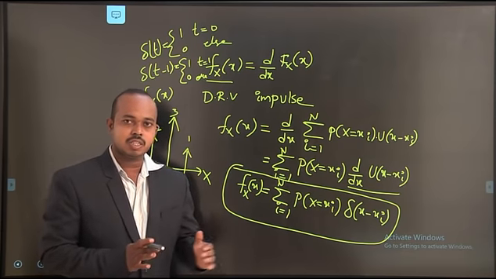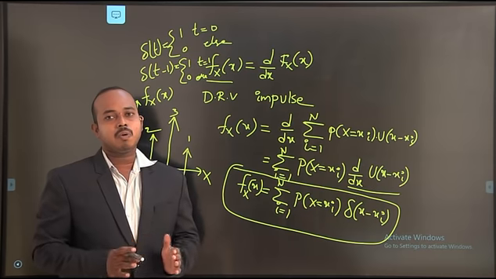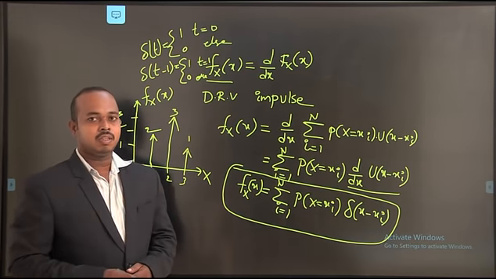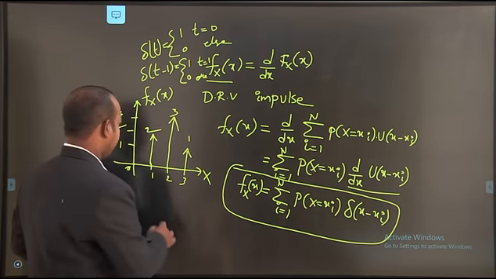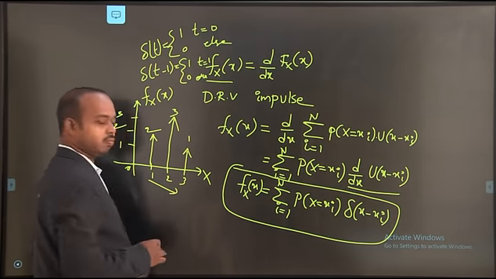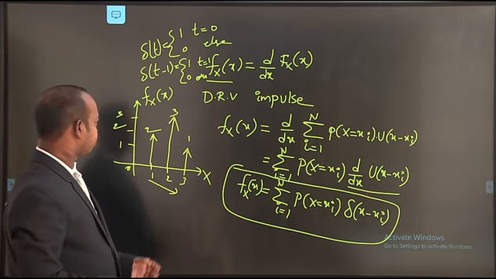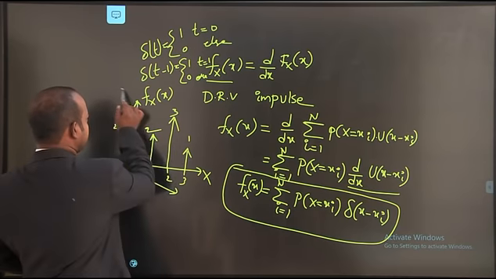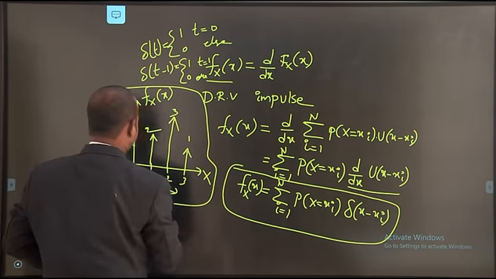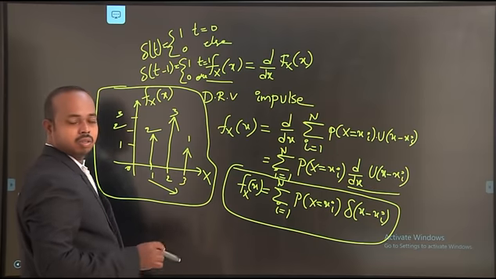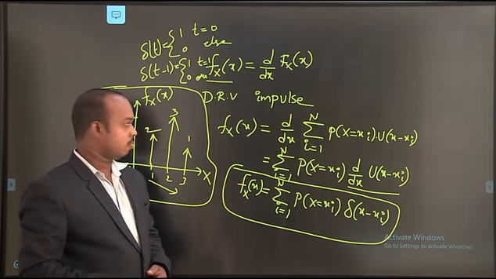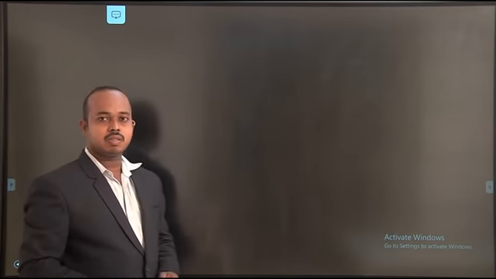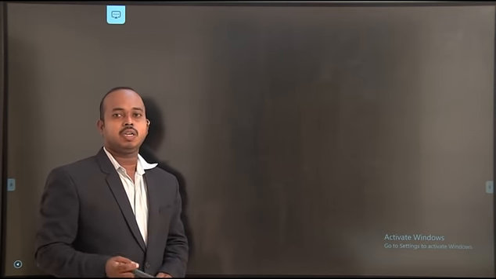This is the impulse representation for the density function when the random variable is discrete. Now the properties belonging to the probability density function.